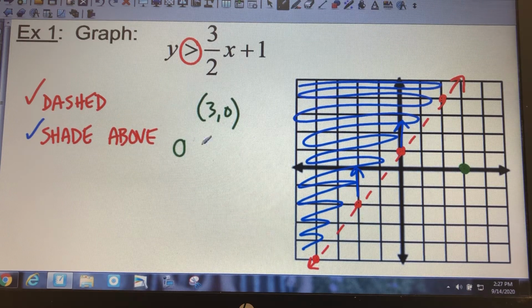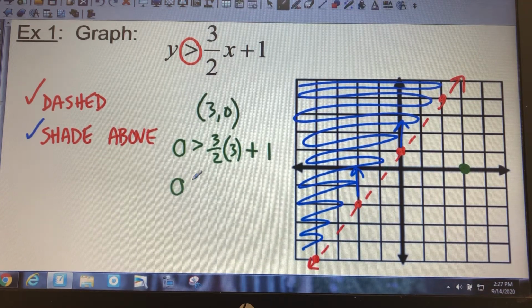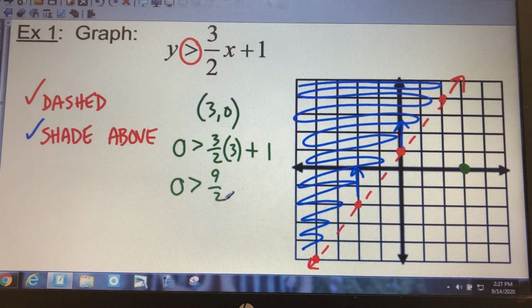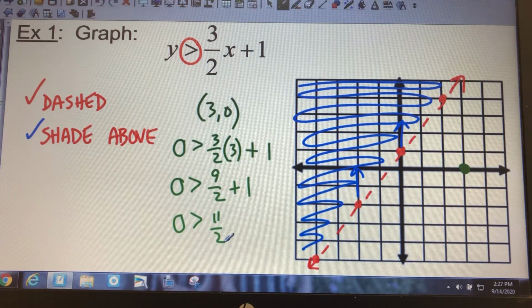So you would get 0 is greater than 3/2 times 3 plus 1, okay? And then 9/2 when you do the multiplication, and that will give you 11/2. Now, is 0 greater than 11/2? No, okay? So that's why Green's point there is not part of the solution set. So that would be false, so you would shade on the other side.